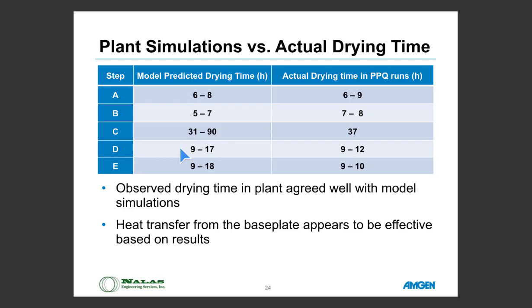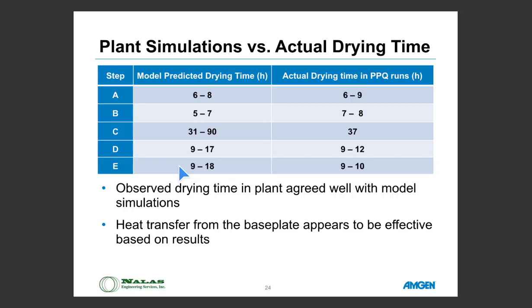And you'll notice here for compounds C, D, and E actually quite broad ranges for this bracketing, and that's really due to with and without the surface area of the base plate. So for these really either low fill volume or high bulk density cakes, adding that surface area from the base plate is actually very significant because of the low cake heights and the small contact area with the walls there.